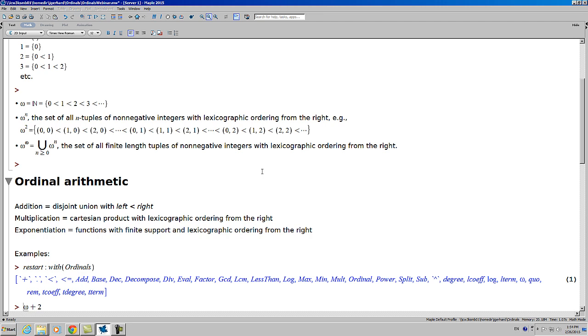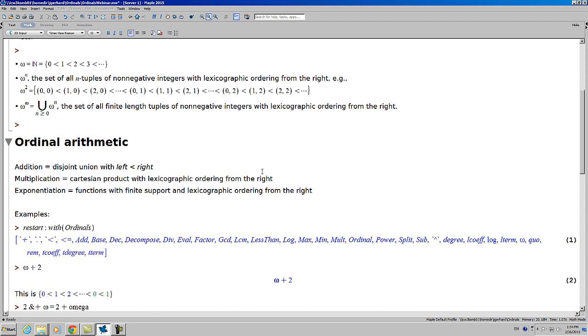Maple understands the omega, so I can just enter the Greek letter omega and it will be interpreted as the ordinal omega. If I just add the ordinal omega, and on the right I add the ordinal 2, so that's just the two-element set, nothing happens. This will just remain inert as it is, but it denotes a new ordinal that we haven't seen before.